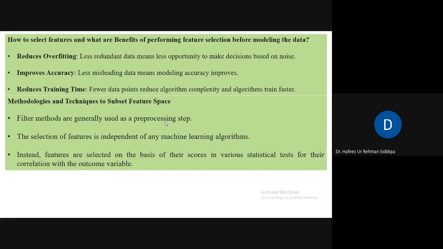Features are selected on the basis of their scores, not on the basis of the model or classifier. I'm not going to select my features to consider SVM or any other model. I will select features based on their score. Various statistical tests can be used to find the best features. So we have the set of all features, we select a subset, then the learning algorithm, and then performance will be increased.